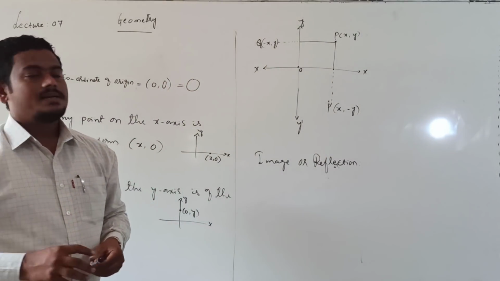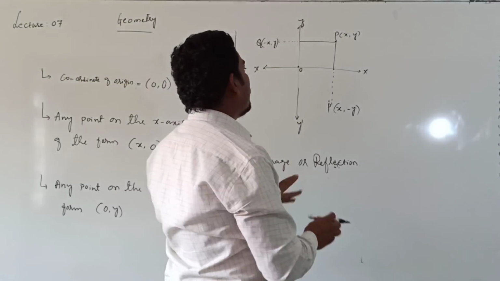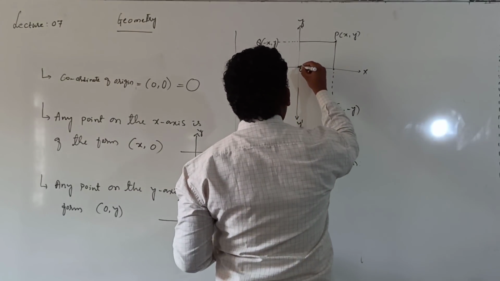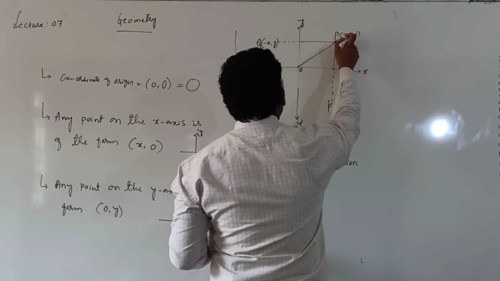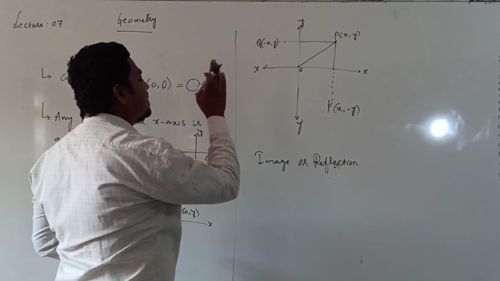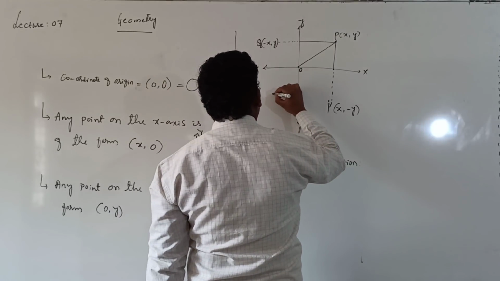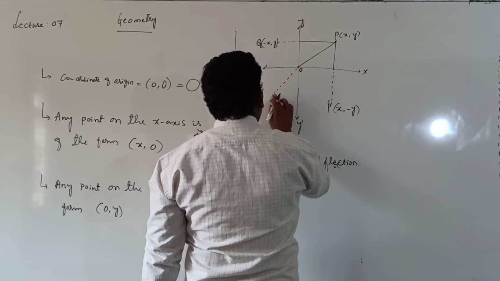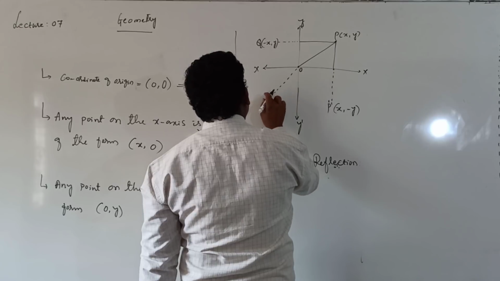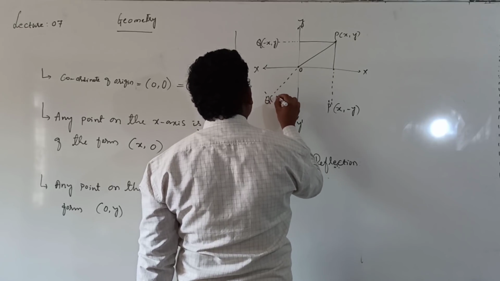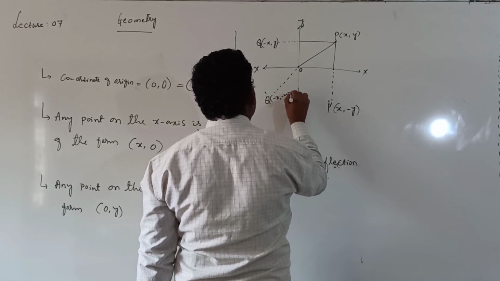Suppose we want the image of P with respect to origin. Image of this point with respect to origin means it becomes in the third quadrant. I will take it as Q prime. Then what are the coordinates of Q prime? Minus x comma minus y. Why?